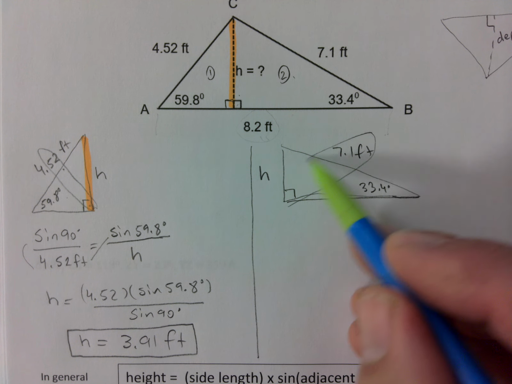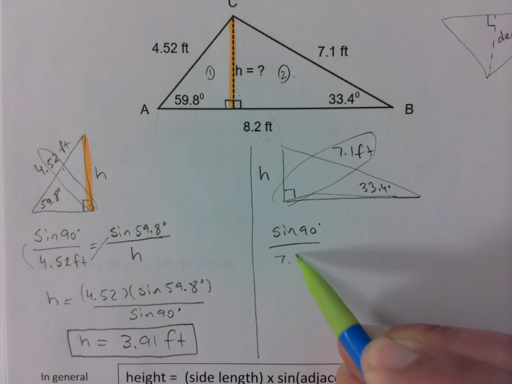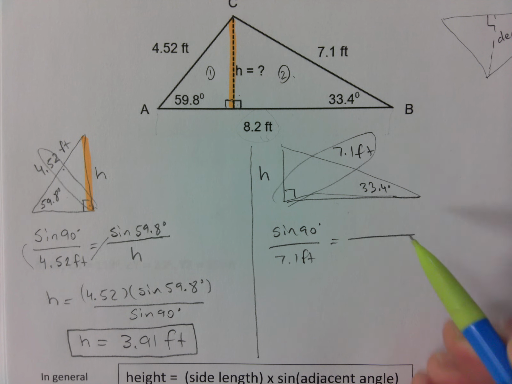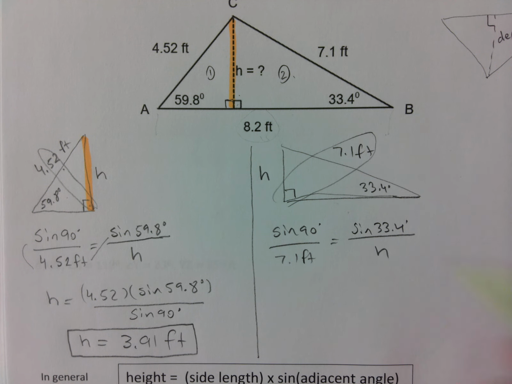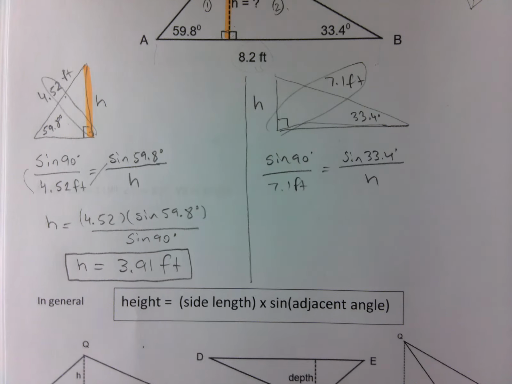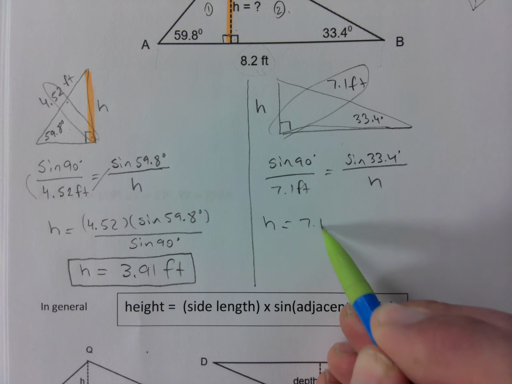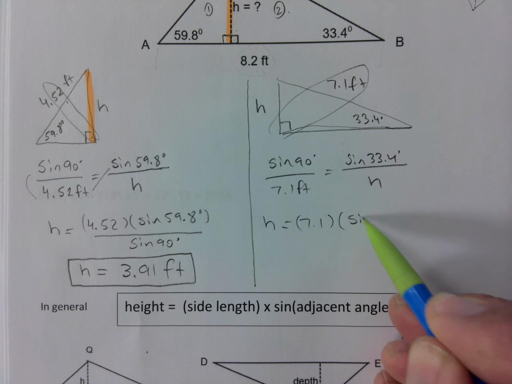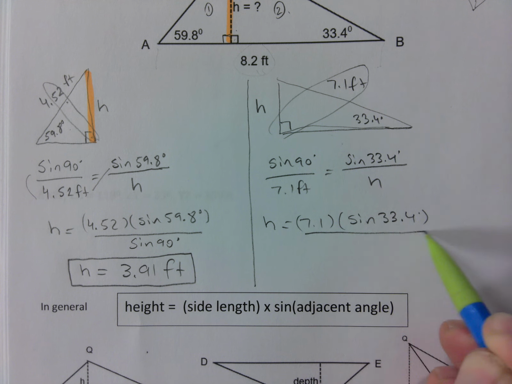Do you have a pair here? Absolutely. So we're going to do the same thing. Sine of 90 over 7.1 feet. Then it's sine of 33.4 over h. You do the same thing. h is 7.1 times sine of 33.4 over sine of 90.